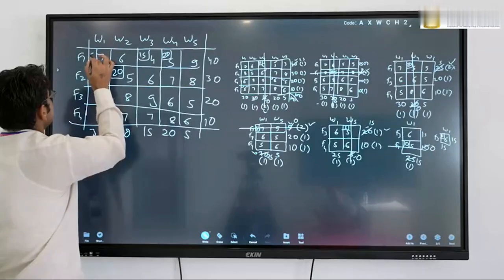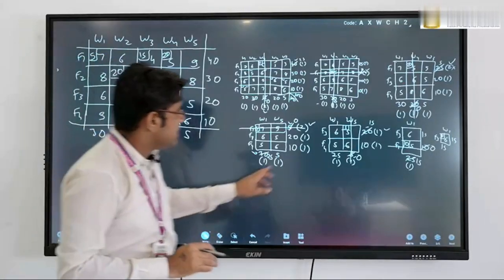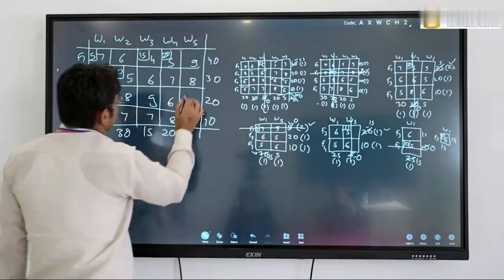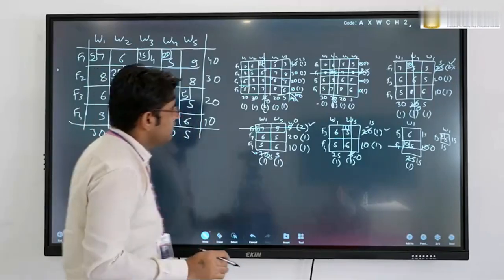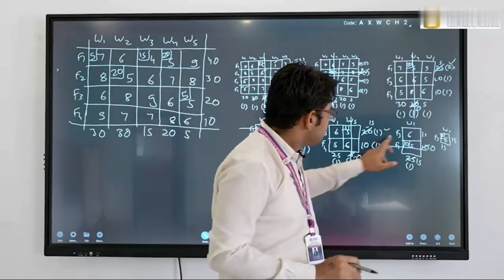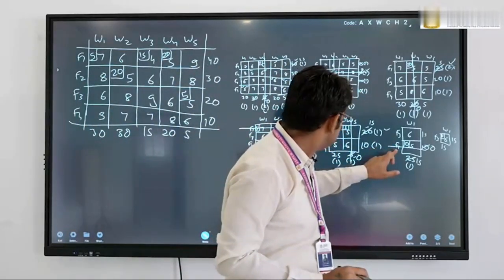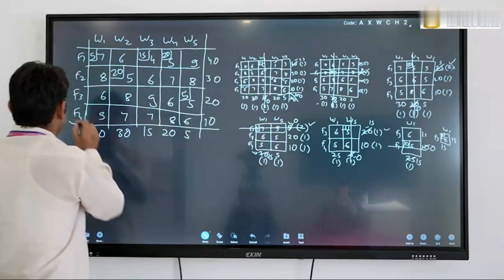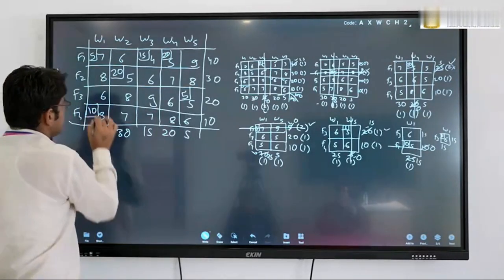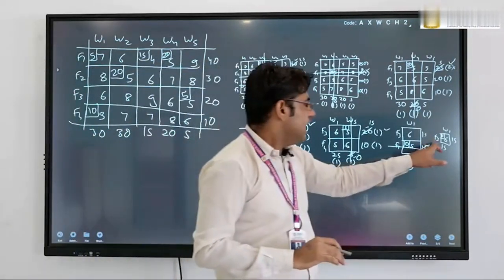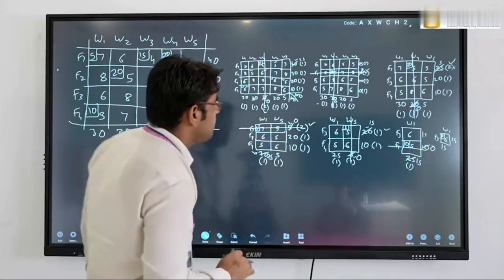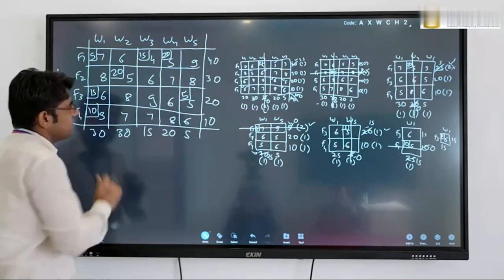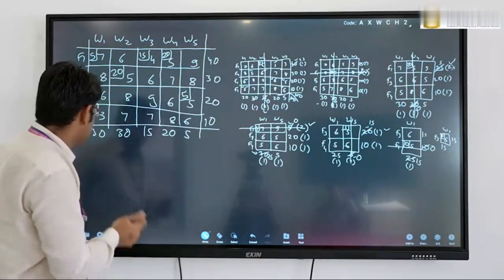And next is F3 W5 is 5. Next is F4 W1 10. And next is F3 W1 15. Now we find the cost.